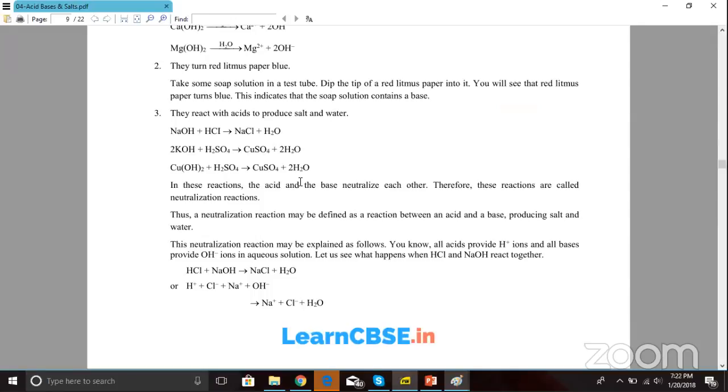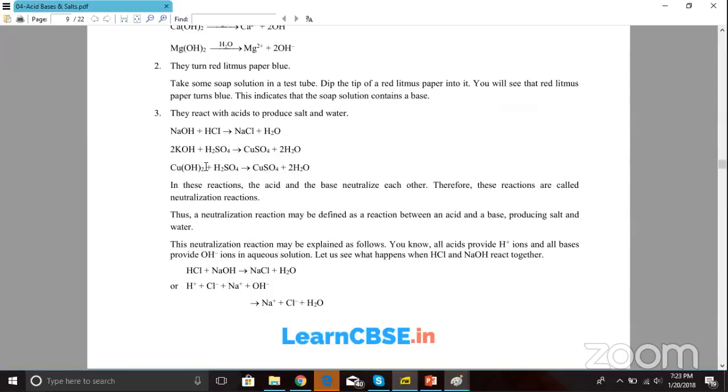So, neutralization reaction. NaOH, the base, reacts with HCl, hydrochloric acid. It forms the salt, NaCl, plus water. KOH reacts with sulfuric acid to form K2SO4, potassium sulfate, plus water.